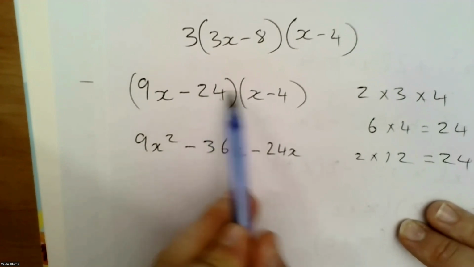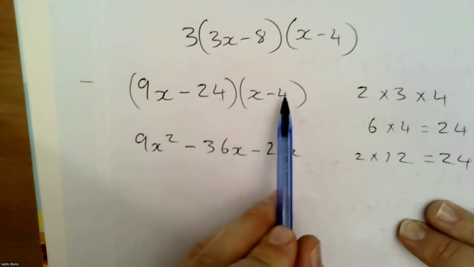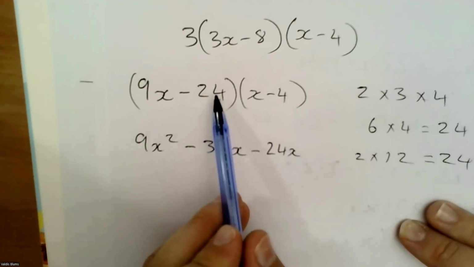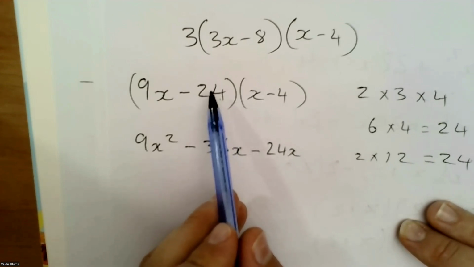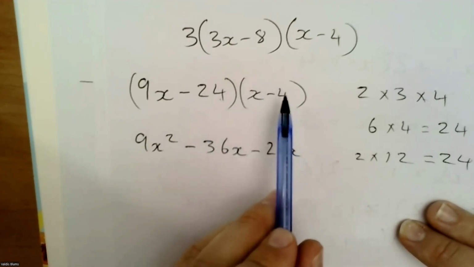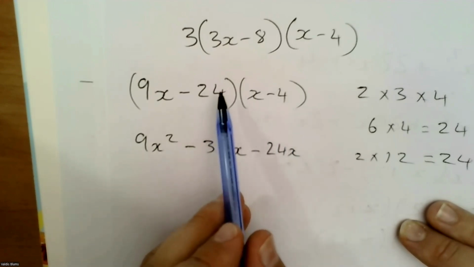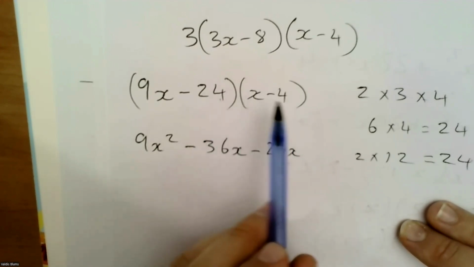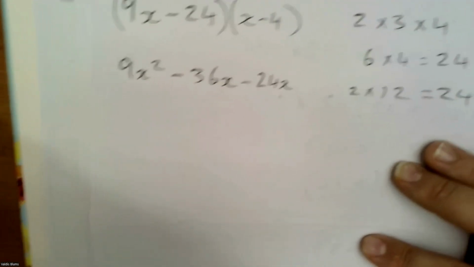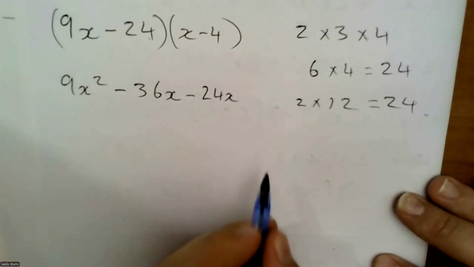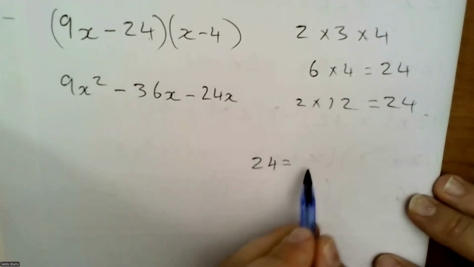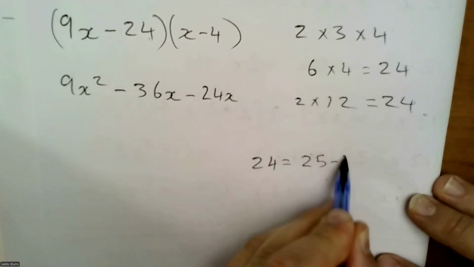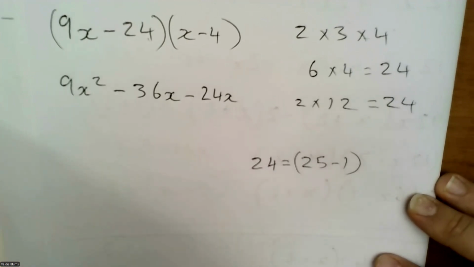So 24 times 4, a little bit tricky, but 24 is very close to the number 25. It's just one off. So we could say, well, what's 25 times 4? Well, that would be 100, but we're going to have 4 less because 4 times 1 is 4. So I'll just show you the mental math that you could be doing. So 24 is equal to 25 minus 1, right?